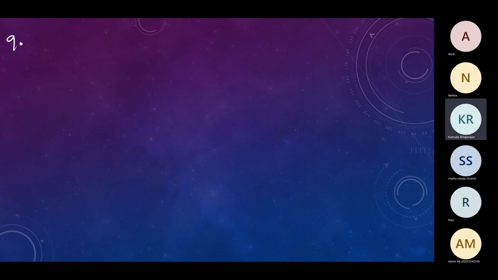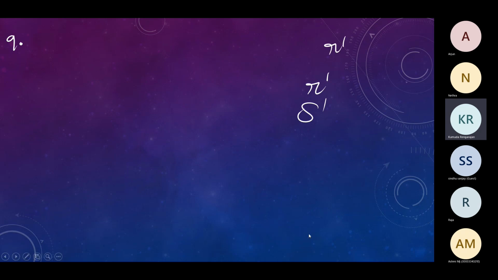So there are 27 identical small spheres, each of radius small r and each with surface area small s. Now all the 27 are melted, and they are made into one big sphere of radius r dash and surface area s dash. We need to find the radius r dash of the new sphere.